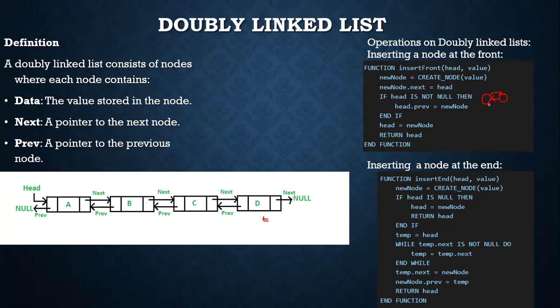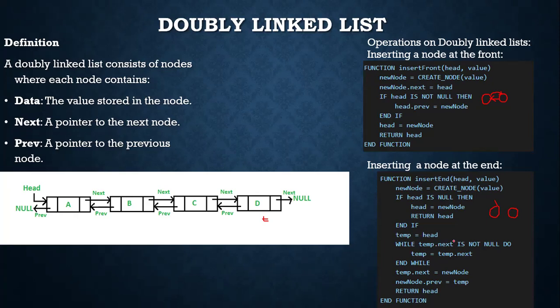So there's a symmetrical type of relationship there. So inserting at the end, here it's saying that you create a new node. You've got a head there, you insert a new node. If head is null, then head is equal to the new node, then return head. Then we put the head in a temporary variable.